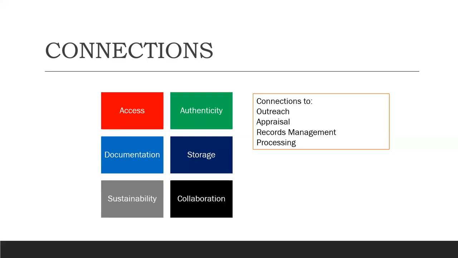In a find aid or some other descriptive tool, you might mention if records have been migrated to a different file format and that what a researcher is looking at may not be the most authentic representation of a record. So there may be some connections with processing there. But it's probably more related to outreach and appraisal than these other two that I have listed here.